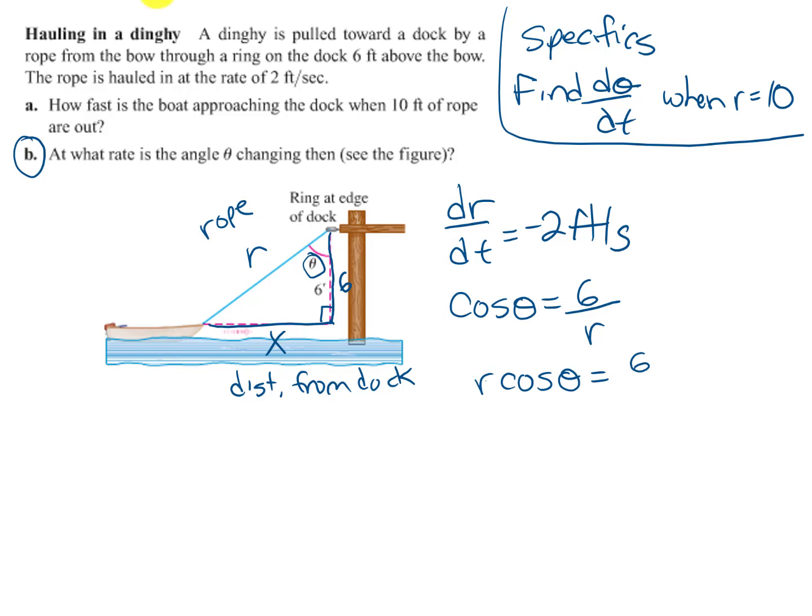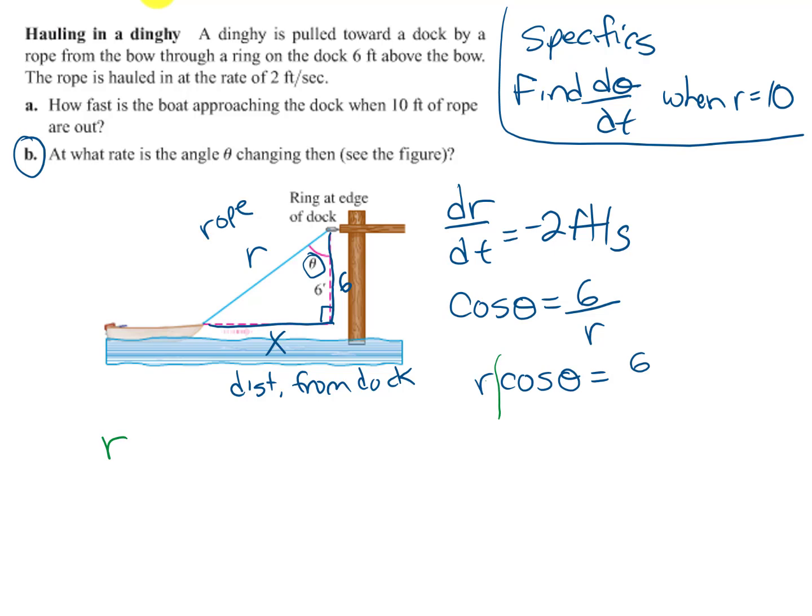If I now take the derivative of both sides with respect to time, I will have my related rates equation. And I can see that this is a product, so I need to do the product rule. First times the derivative of the second.